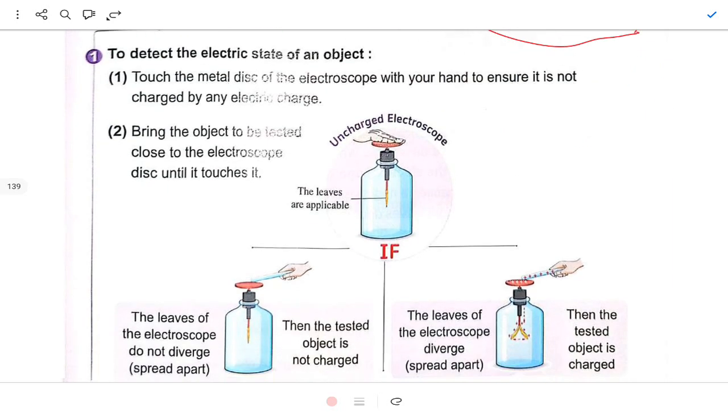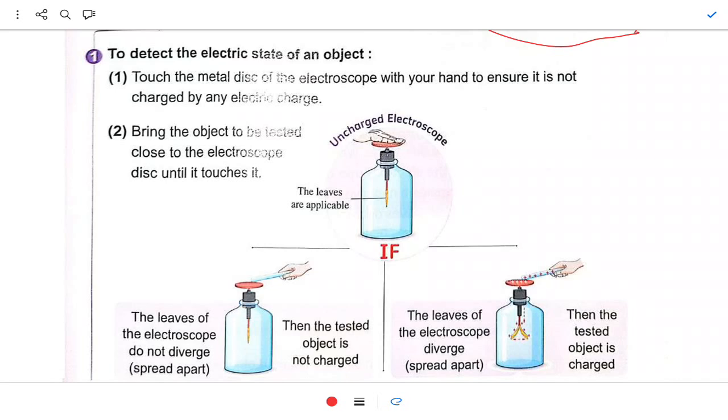To detect the electric state of an object. You have an object and you want to detect its electric state, whether positively charged, negatively charged, or anything like that.